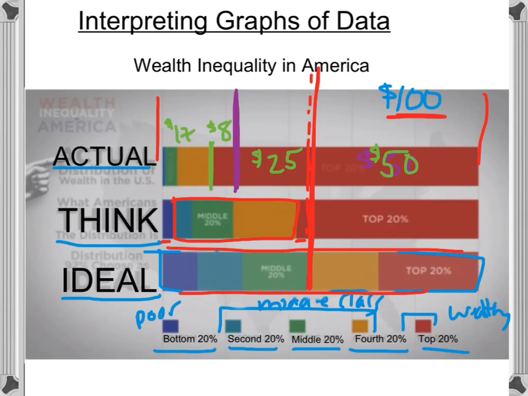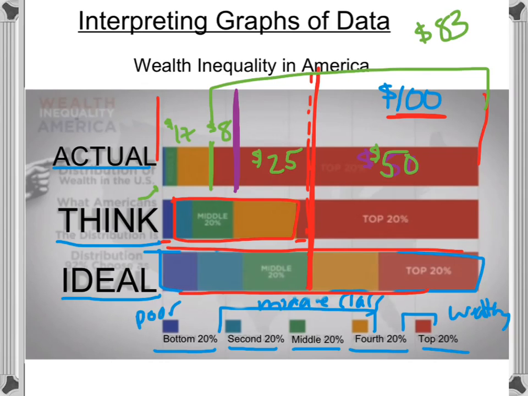So the actual is saying that the top 20% of the earners own about $83 out of the $100 that America makes in a year, whereas the $17 remaining from the $100 is owned by the three middle classes and the poor. The poor is so small on the scale that you can't even really tell where it is.